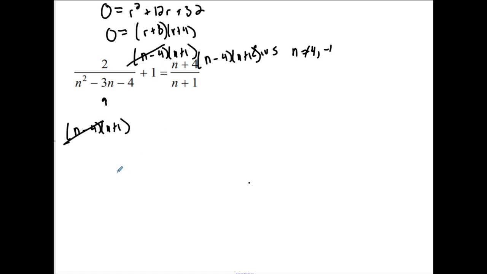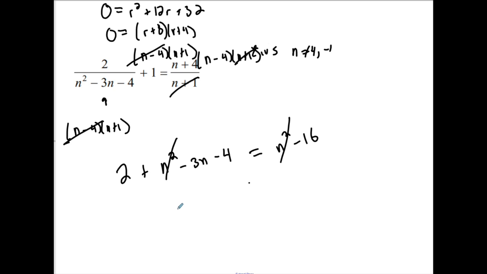Here, so we'll get 2 plus n squared minus 3n minus 4 equals, here the n plus 1's cancel out, n squared minus 16. So here the n squareds are going to cancel.